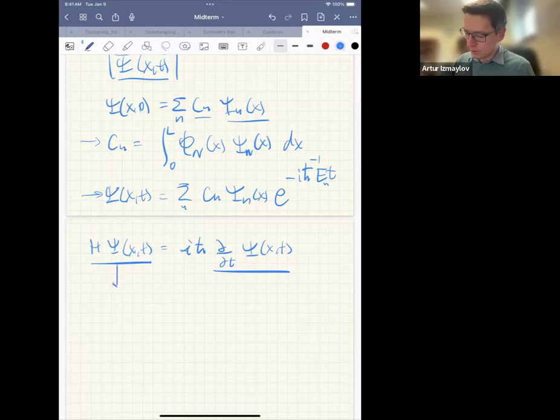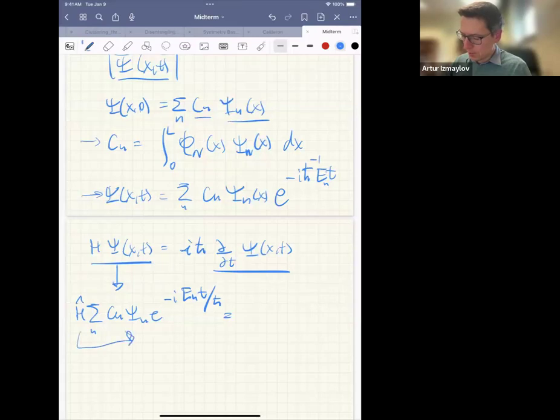That was the idea. So H psi applied to the sum of Cn psi n times the exponent, we keep the h bar for completeness, minus i E n t divided by h bar. H is a linear operator that acts on the psi n everywhere, because it is acting on the coordinate functions psi n, and every time it acts on them, it will produce En psi n.